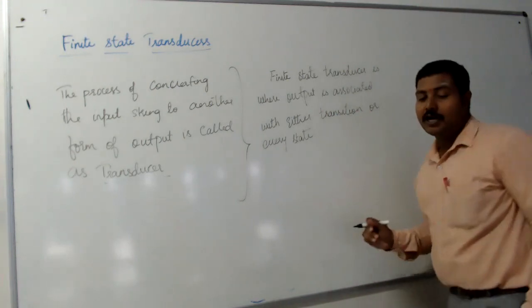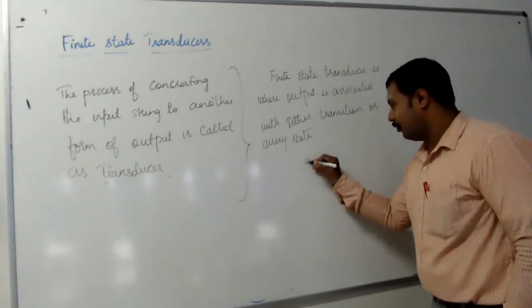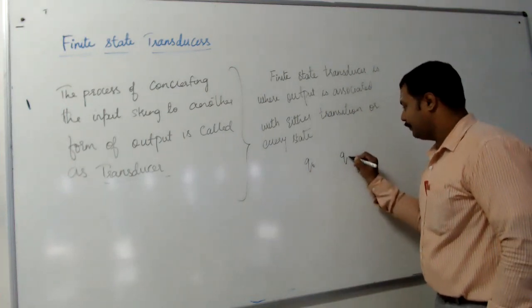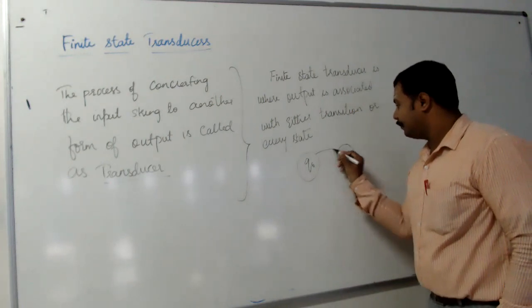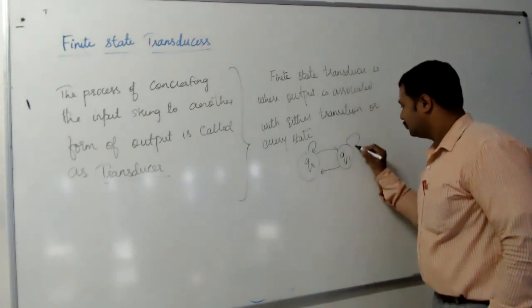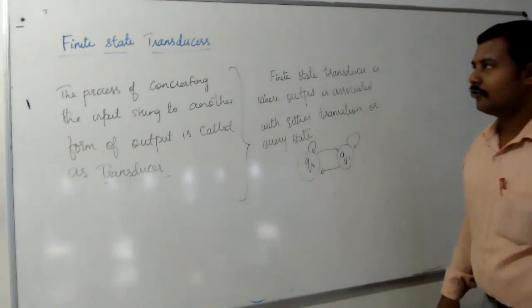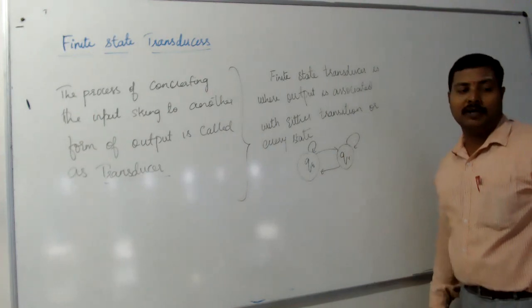Let us see how it is represented with one simple example. Let us take Q0 and Q1. This particular state diagram, or finite state diagram, represents some particular FSM.